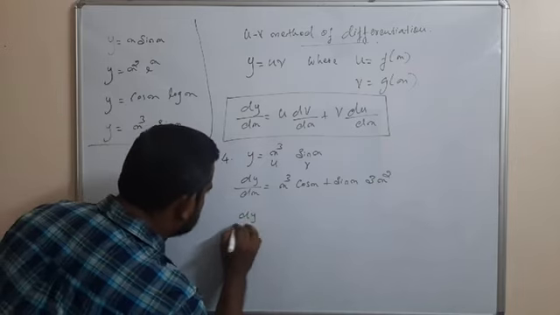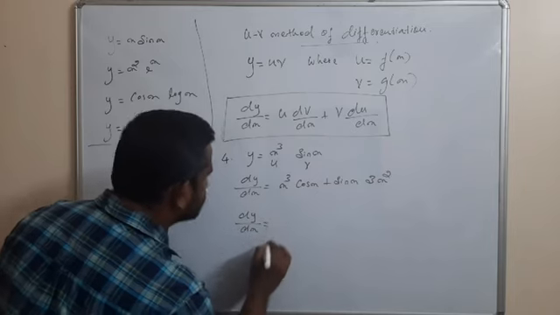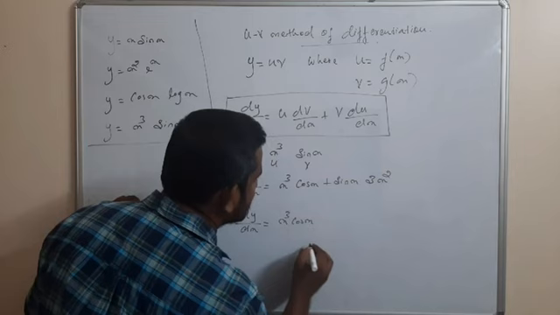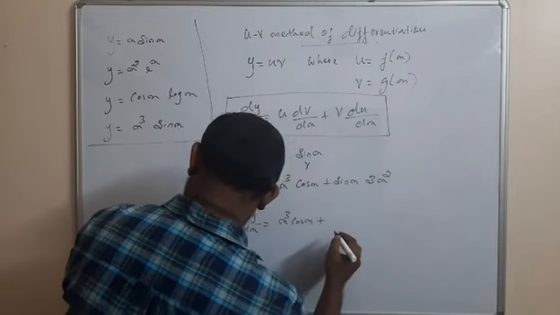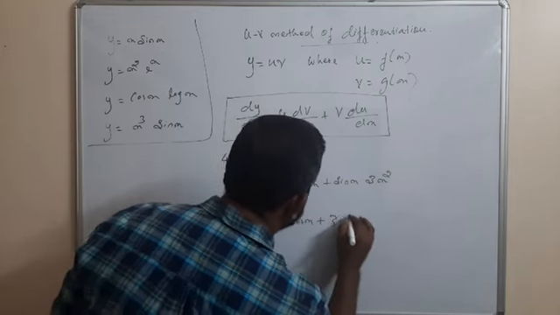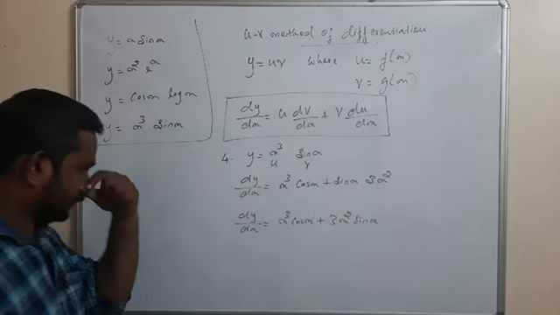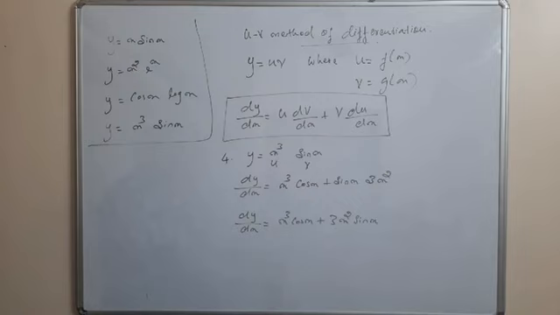So dy by dx equal to x cube cos x plus 3x square sin x.